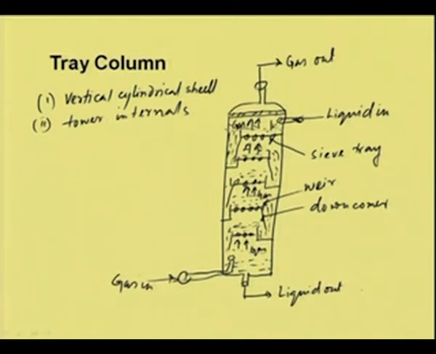In each tray, the gas and the liquid are finely dispersed, and then the gas disengages and flows to the upper tray, and the liquid flows through the downcomer and comes to the tray below.